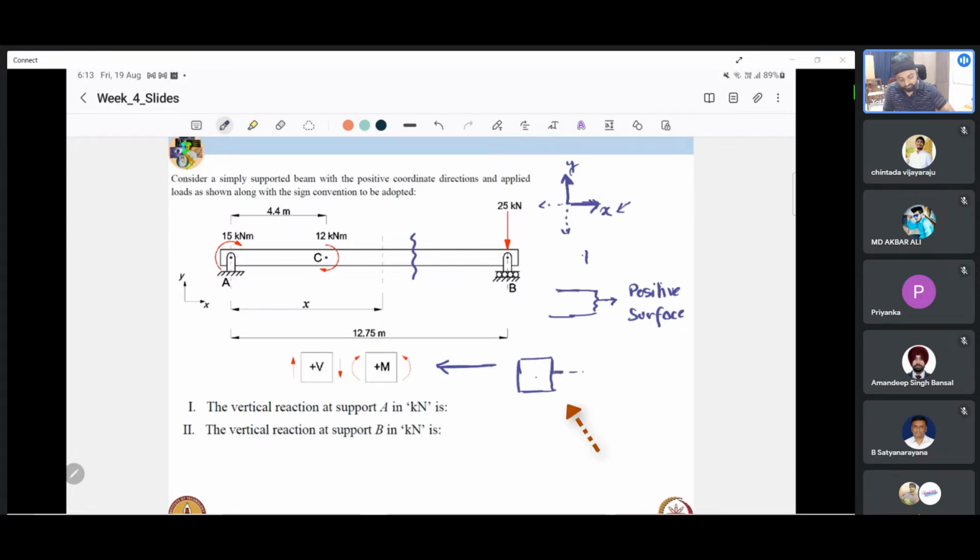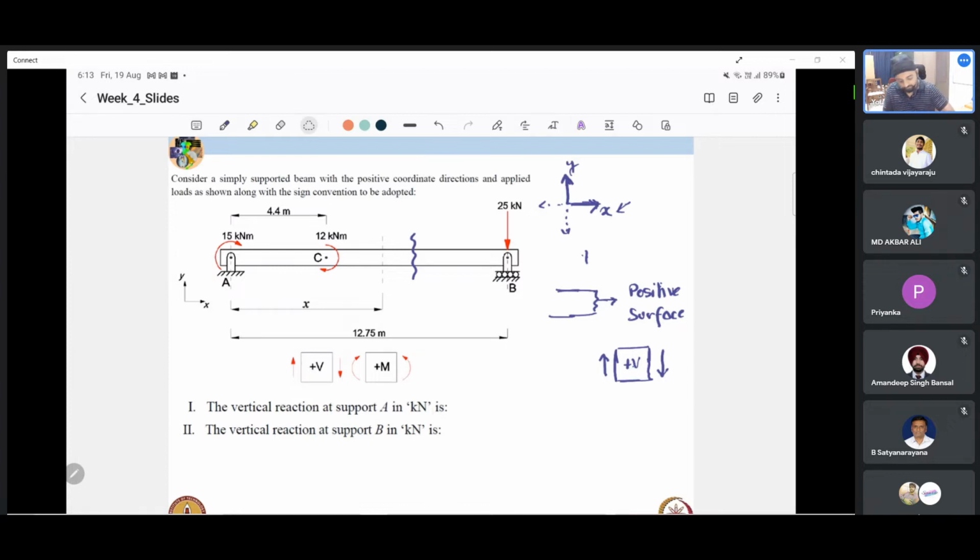On the positive surface, the shear forces that point in this direction are taken to be positive, and on the negative surface, the shear forces directed in this direction are taken to be positive. That is how this is to be read, which will become more clear when we develop the bending moment diagram and shear force diagram. But this is something I just wanted to clarify outright, so that you have some kind of context when we actually talk about these things.